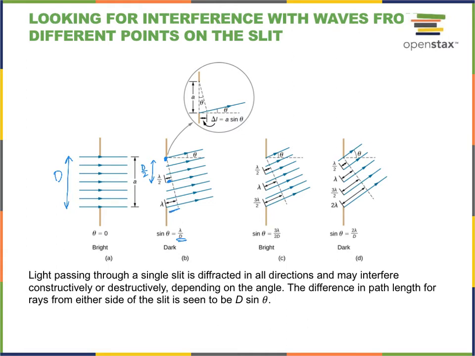At first we might say, oh, constructive interference. But if we split it into two pieces, we compare this light ray with this one, which is actually half a wavelength out of sync. So these two are going to destructively interfere, and this one and this one are also half a wavelength out of phase with each other. And so again, it's destructive interference.